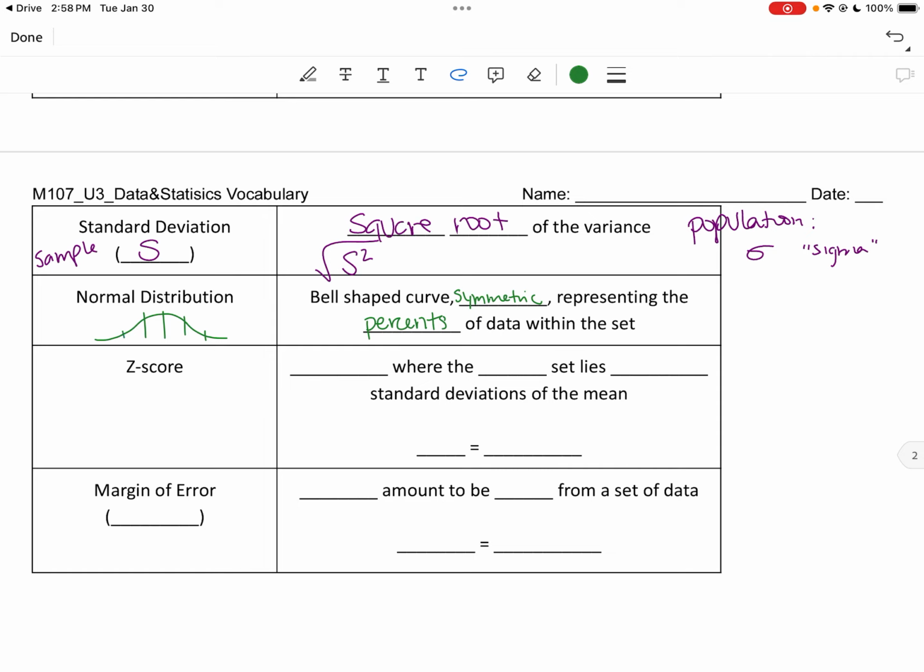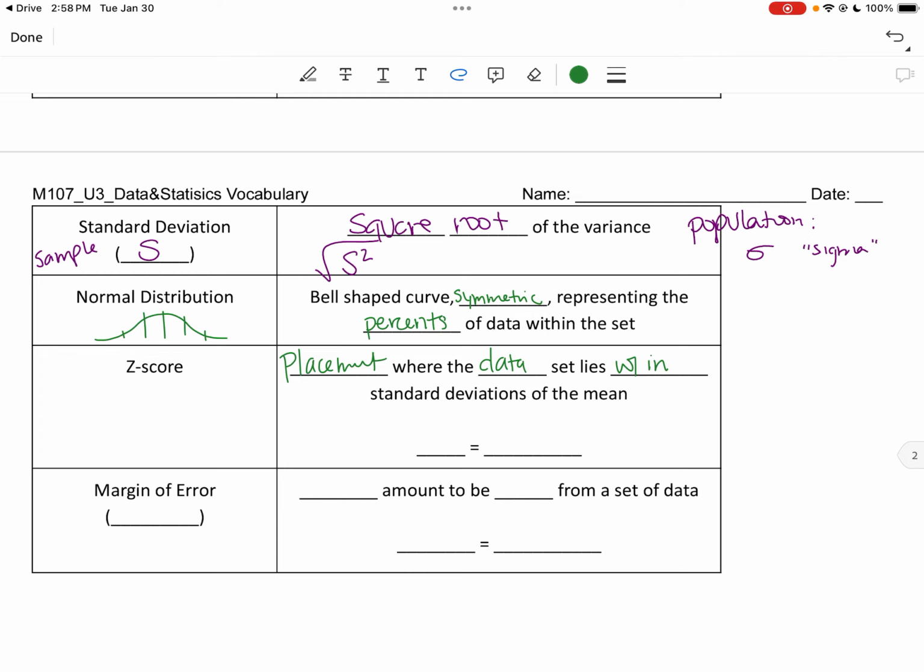And super close to normal distribution is what are called z-scores, and that is the placement where the data set lies within a standard deviation. Okay, so last week when we were talking about the spread of data and that standard deviation, you can be multiple standard deviations away, and you start getting less and less popular or less and less likely of that happening.